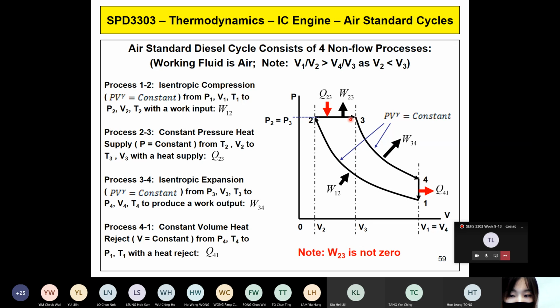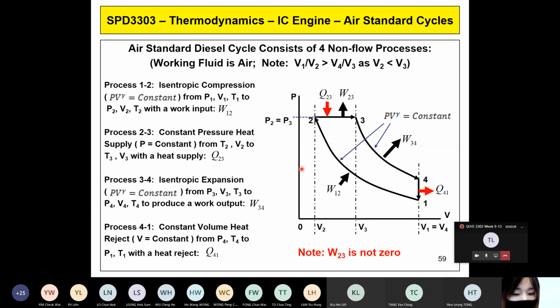So we give a heat supply. The state of the air changes from point 2 to point 3, T2 to T3. T3 is the maximum of our cycle. The temperature of air is increased to the maximum during this process.